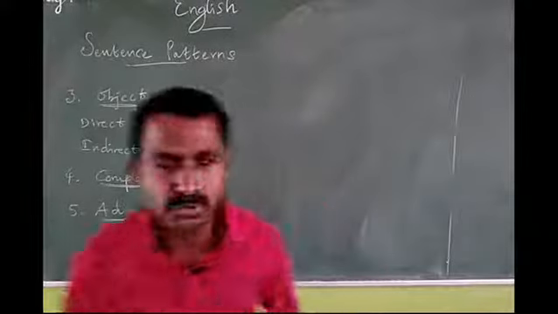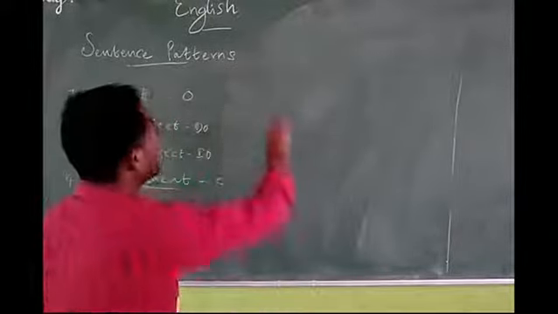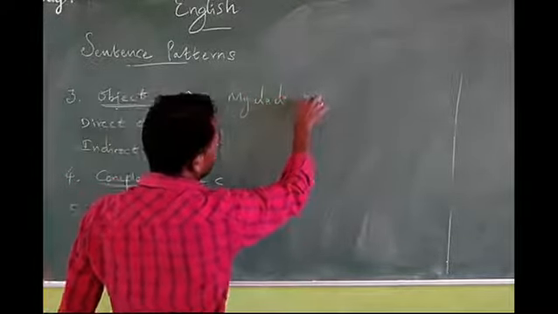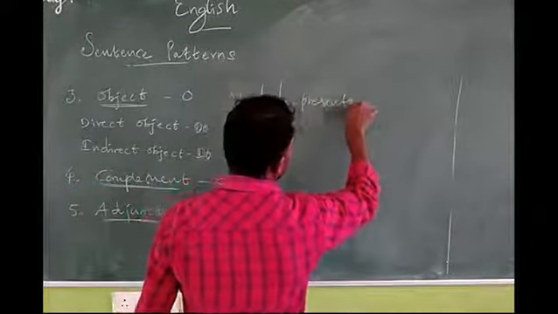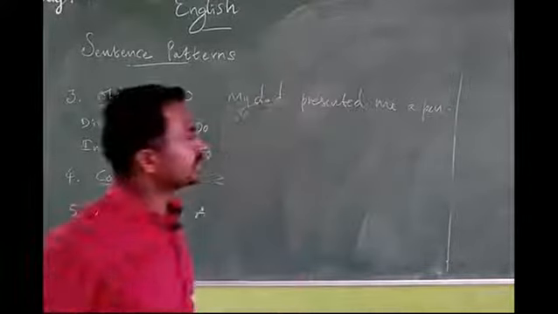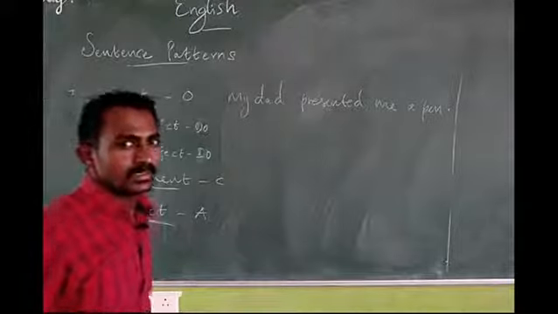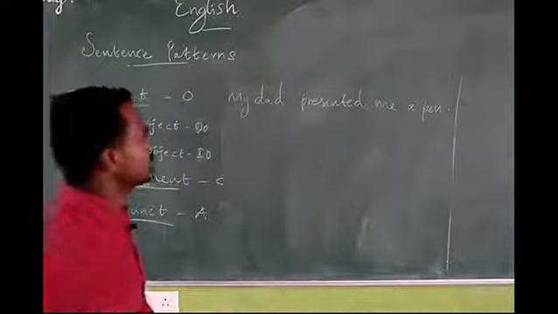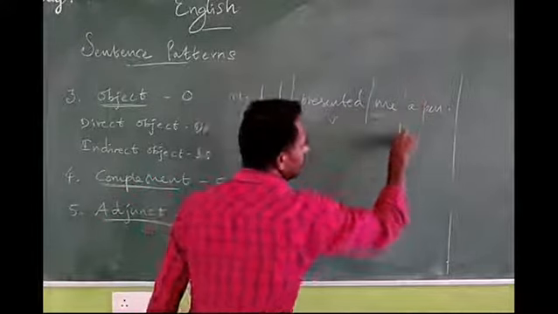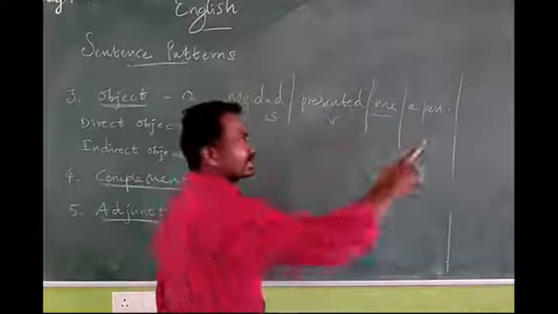See, let's look at 2 examples here. My dad presented me a pen. So what is the sentence pattern? In the given sentence, my dad is the subject, presented is the verb, here me, to whom, and pen, what.